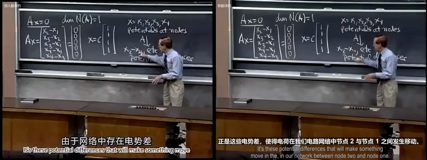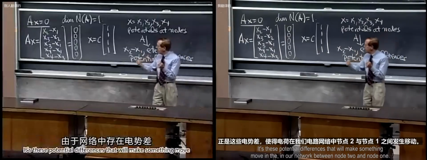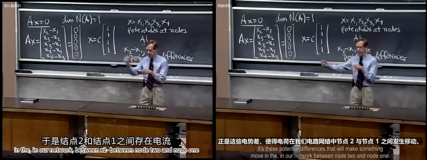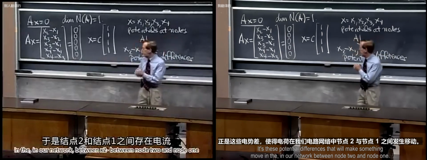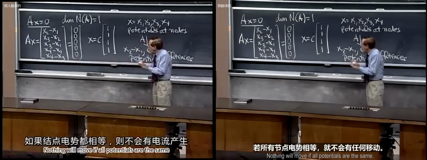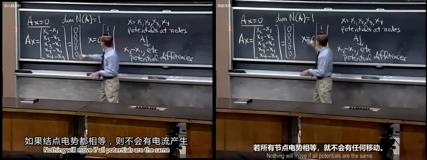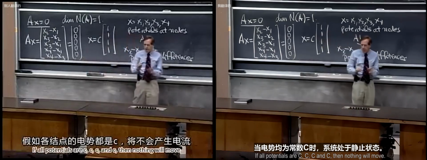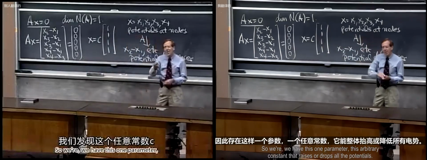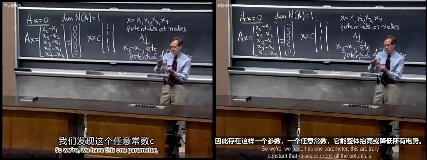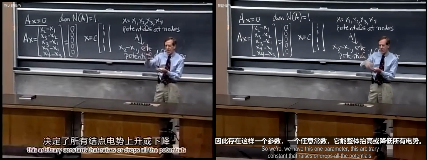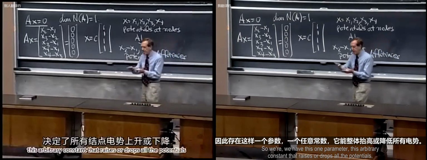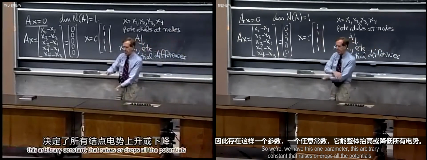It's these potential differences that will make something move in our network between node 2 and node 1. Nothing will move if all potentials are the same. If all potentials are C, C, C, and C, then nothing will move. So we have this one parameter, this arbitrary constant that raises or drops all the potentials.